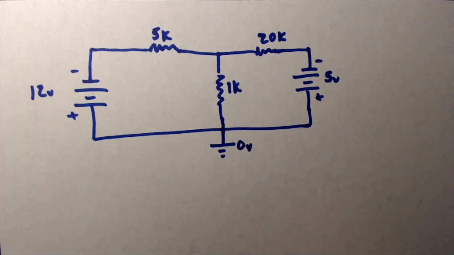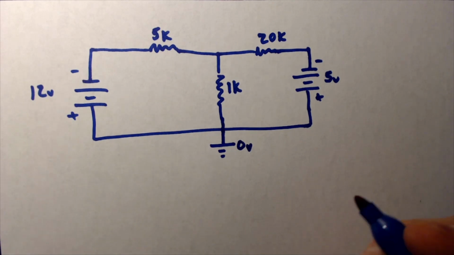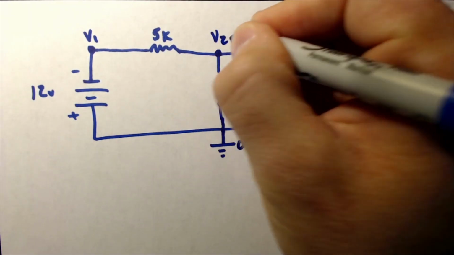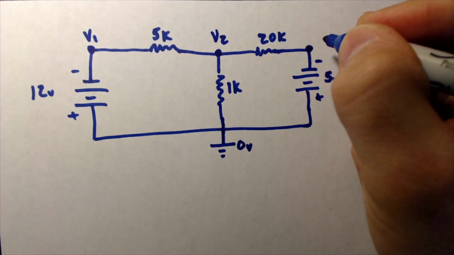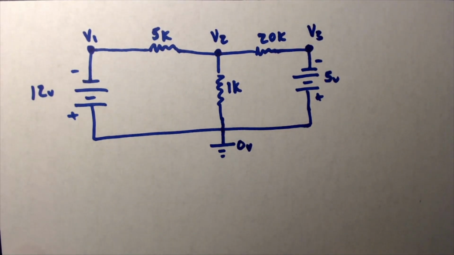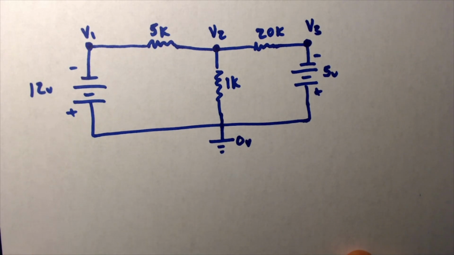Okay, so that's step 1. Step 2, we'll go ahead and assign all of our non-reference node voltages. So up here, V1. This has a different voltage, V2. This has a different voltage, V3.